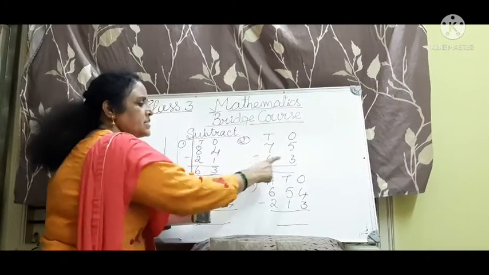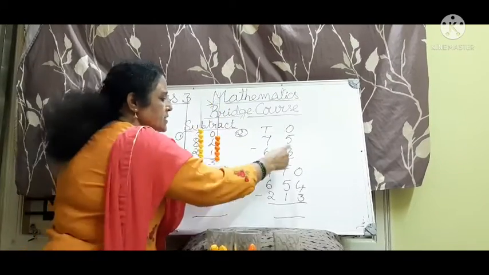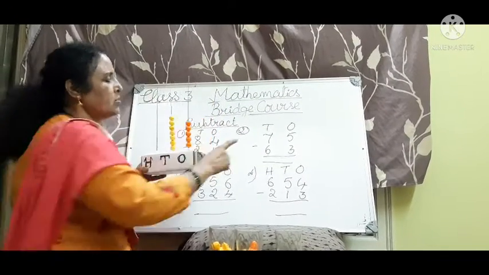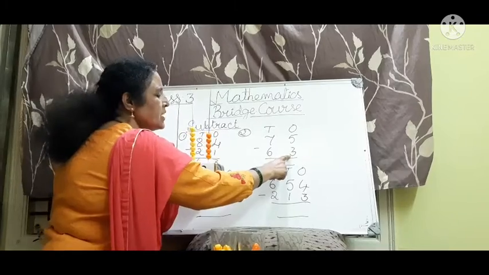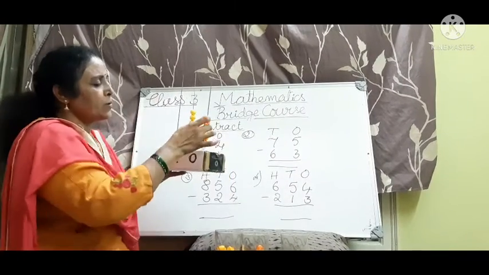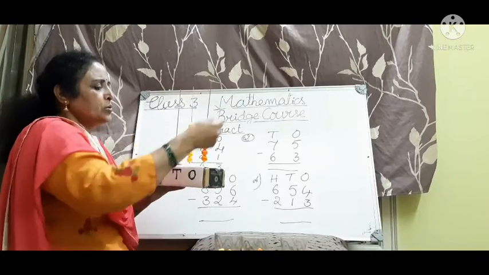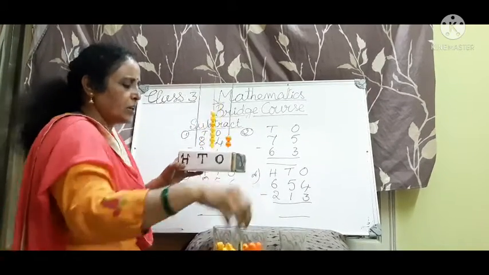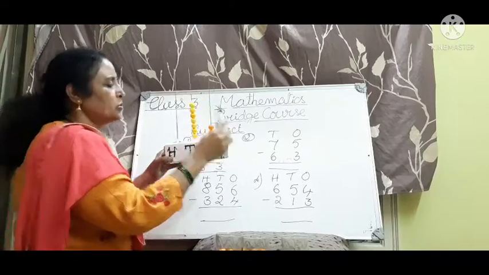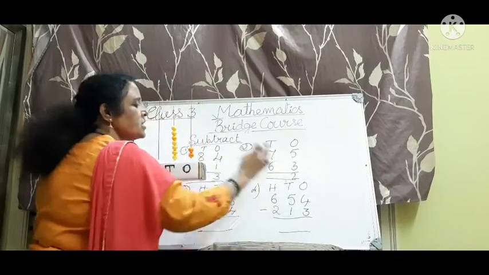75 minus 63 we have to do. Now 5 ones minus 3 ones. How many do we need to take out? 3. 1, 2, 3. How many are remaining here? 2. Then 5 minus 3 is 2.